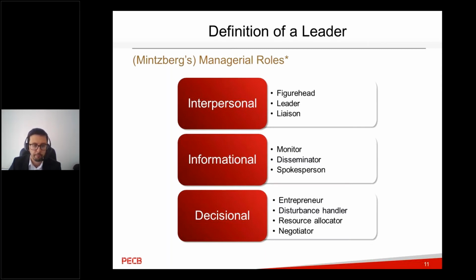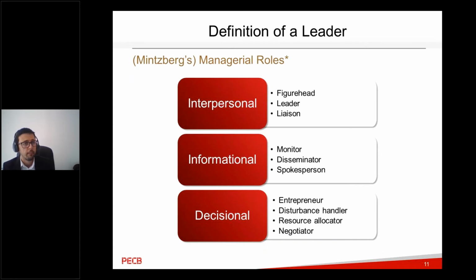Based on that, we said that managers need to exert all of these roles that belong to these three categories. So be a figurehead, a leader, a liaison, monitor, disseminator, spokesperson, entrepreneur, disturbance handler, resource allocator, or a negotiator.